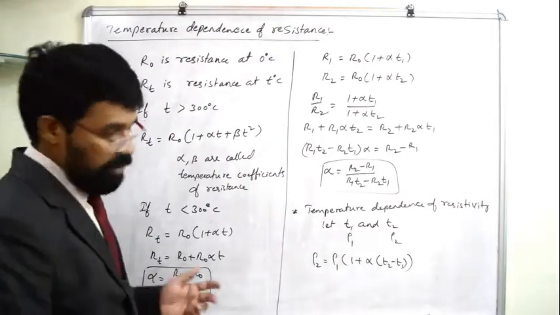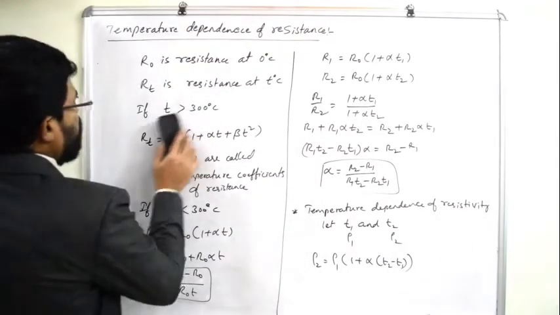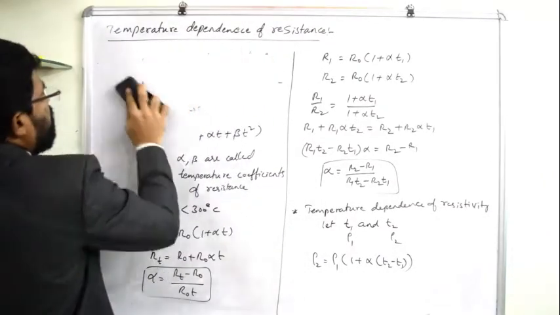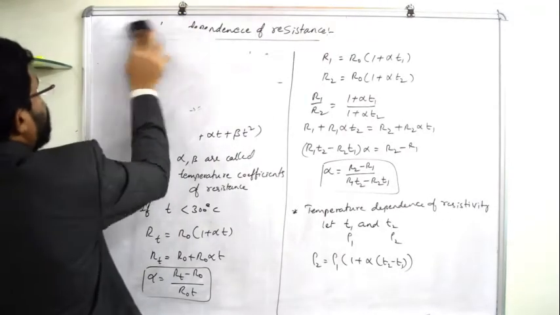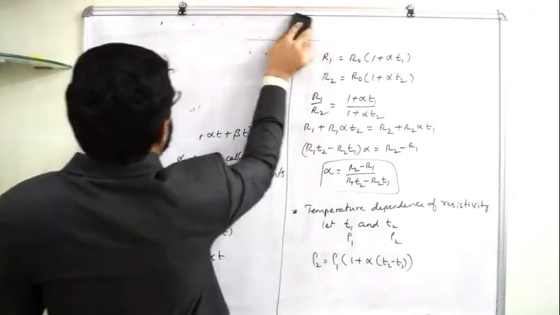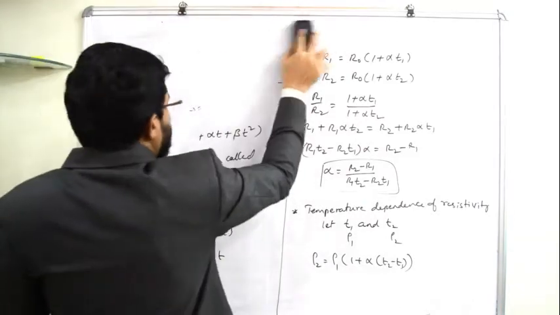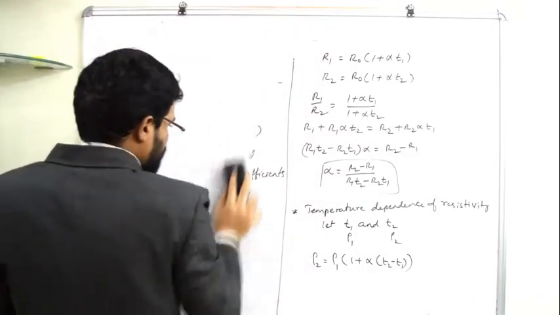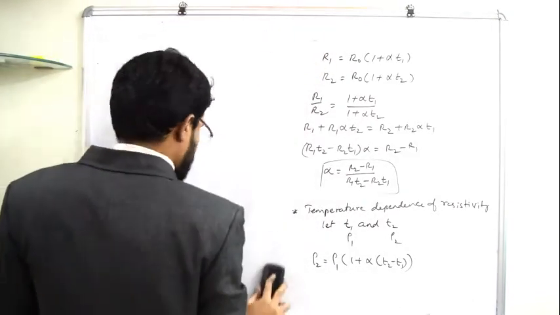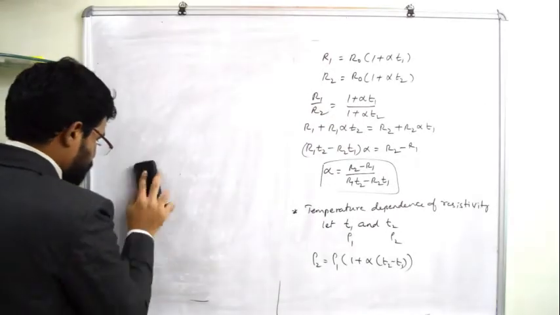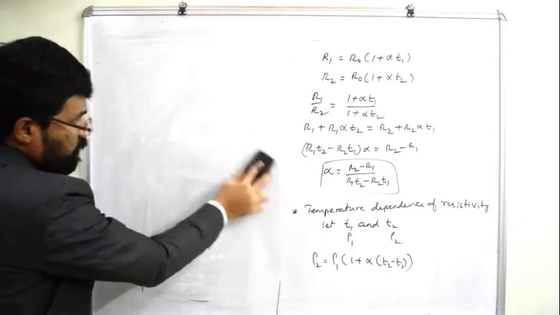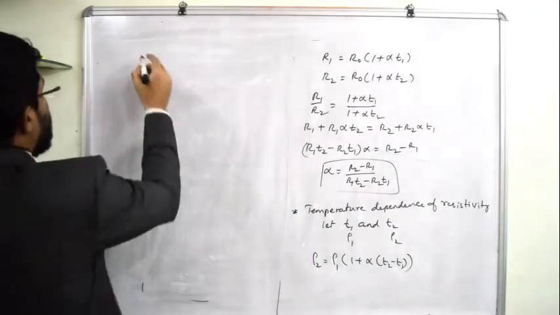Now let us talk about a few other details connected with the resistivity. I'm going to draw a graph corresponding to conductors, alloys and semiconductors, and let us see how resistivity changes with the temperature.